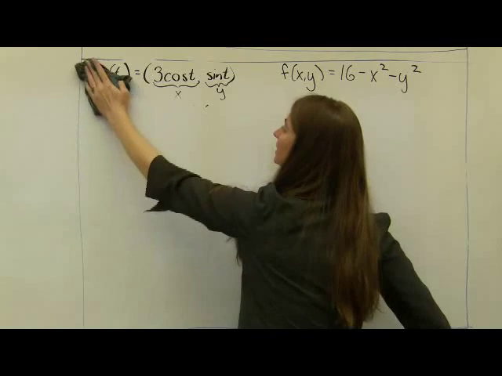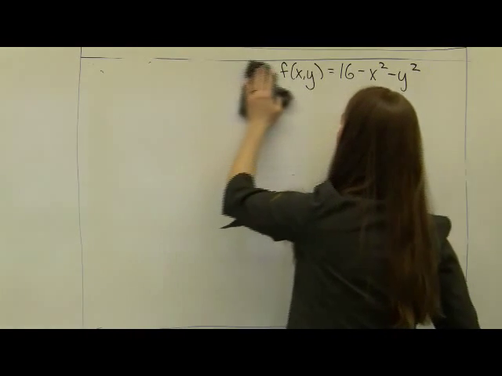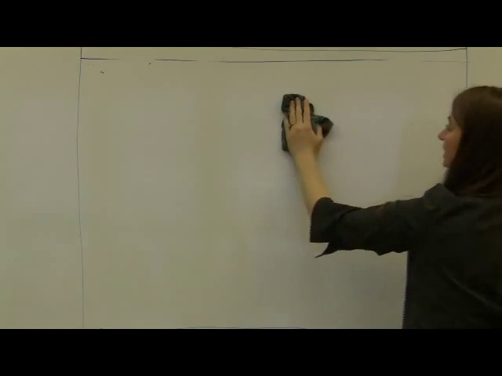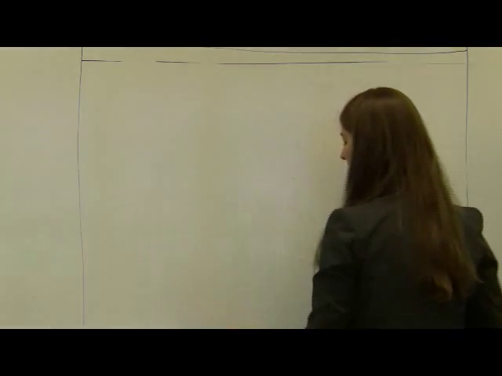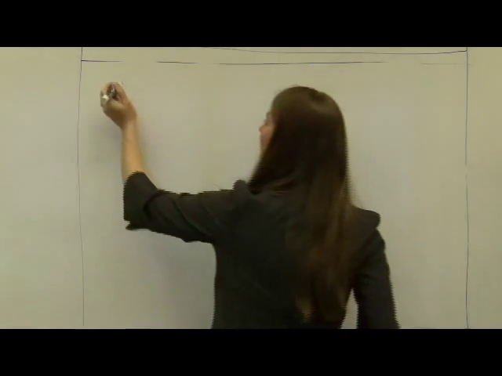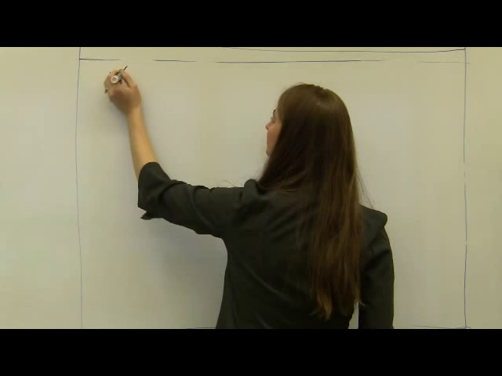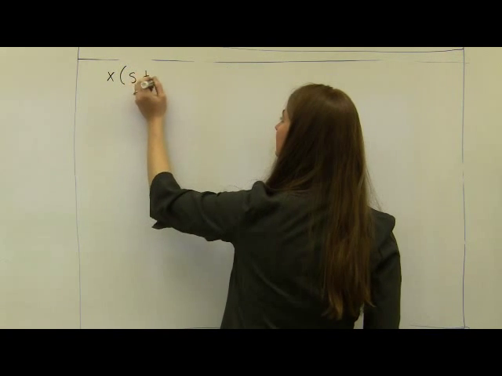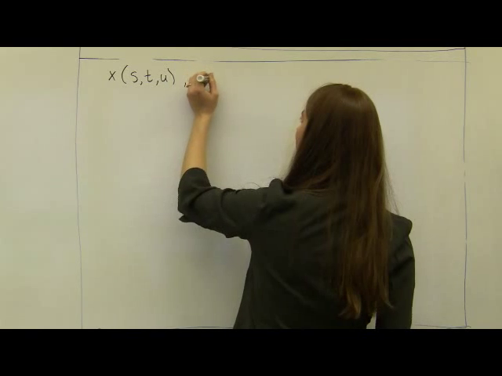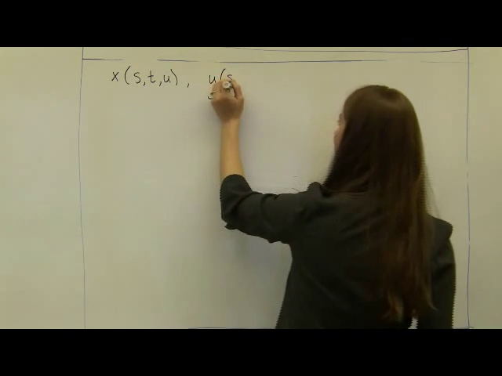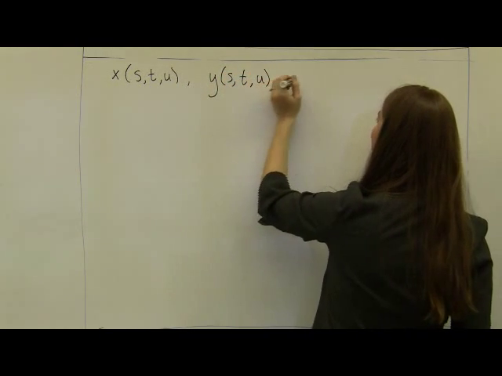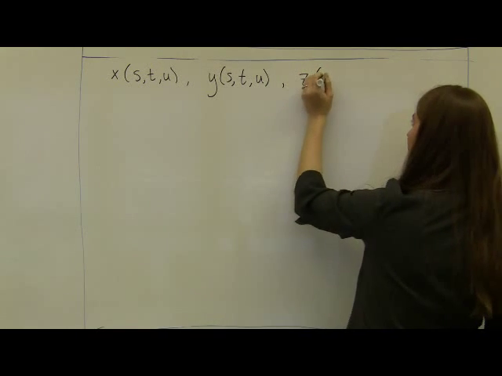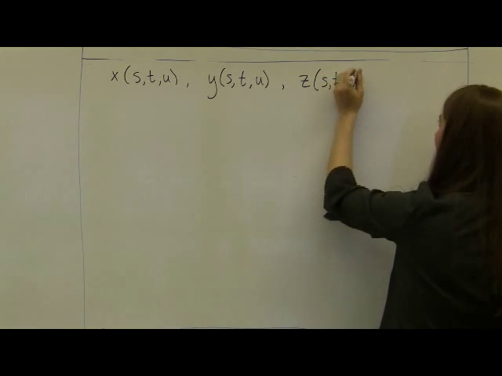The book uses a really cumbersome notation. I don't think that I want to introduce the cumbersome notation. Instead, I'm going to look at a function where x is a function of three variables, s, t, and u, where y is a function of three variables, s, t, and u, and z is also a function of three variables, s, t, and u.